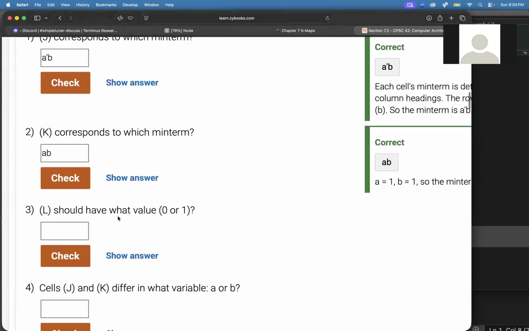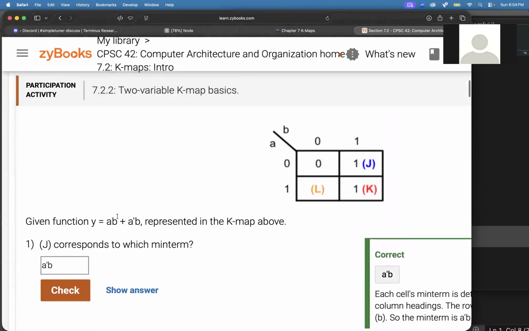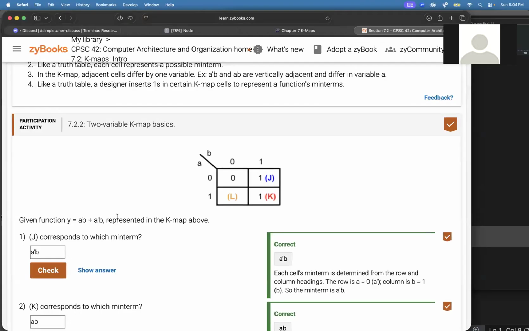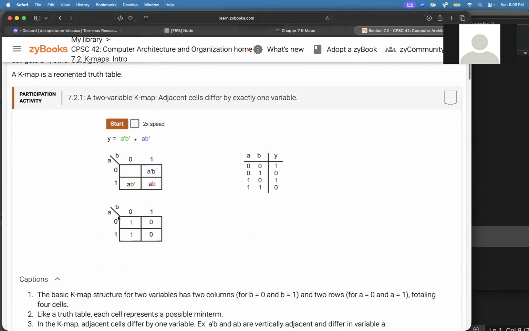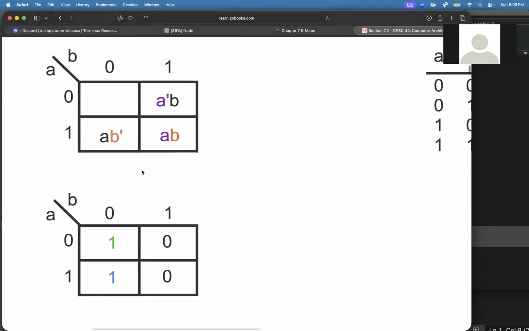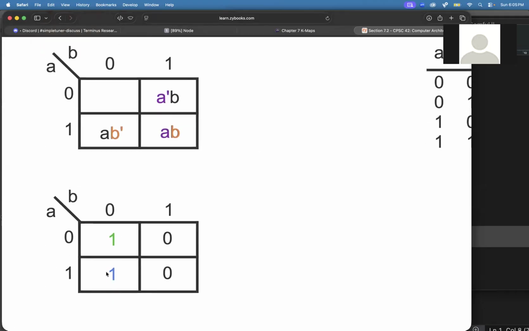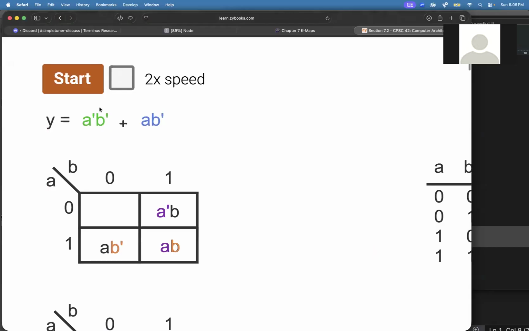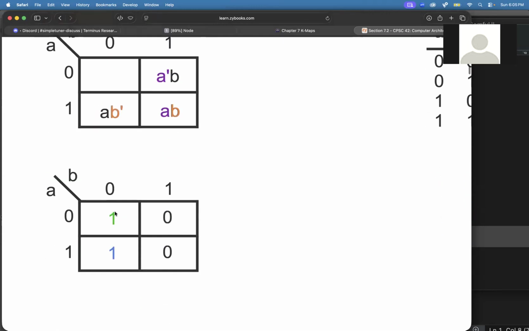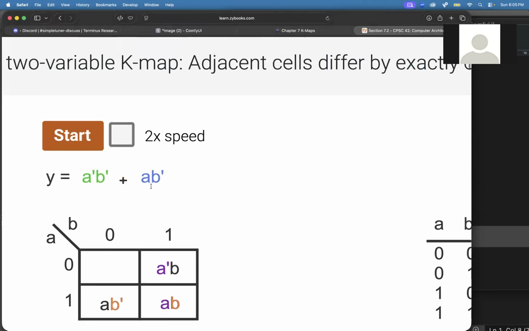It says, L should have what value? We haven't talked about that yet today. Remember that the way you fill in these boxes is you fill in a 1 if your equation has that term. Like this term is not A, not B, and that's why there's a 1 in the not A, not B box. And this term is A, not B, which is 1, 0.